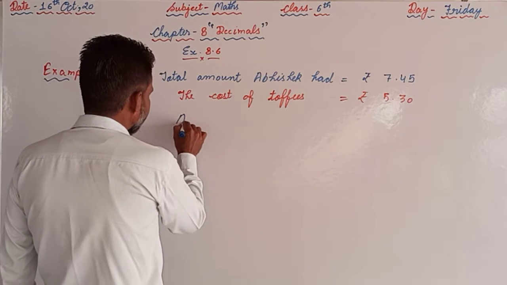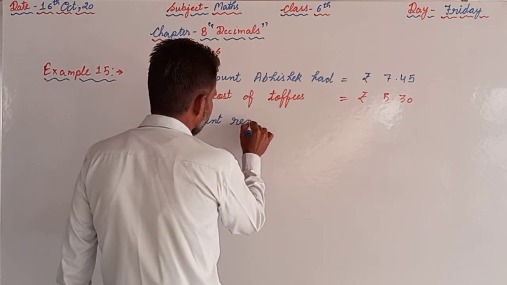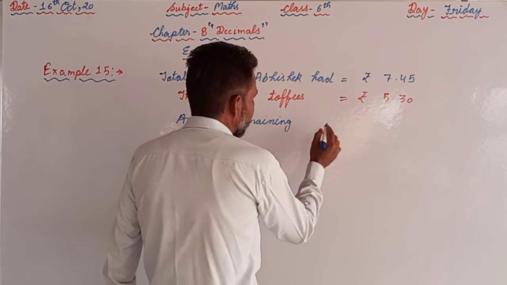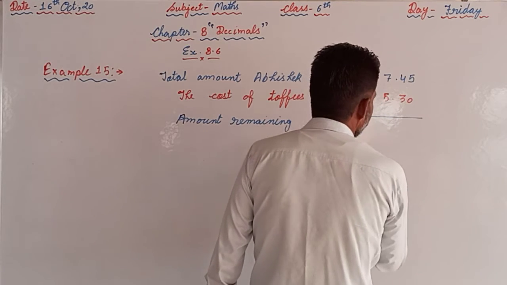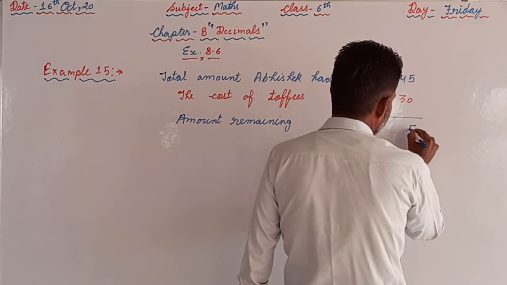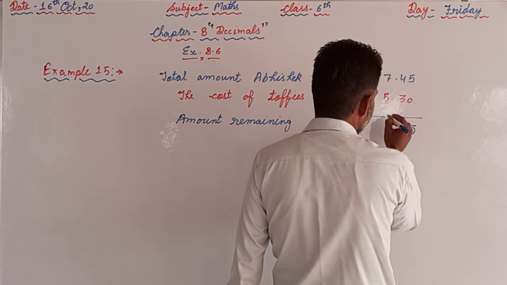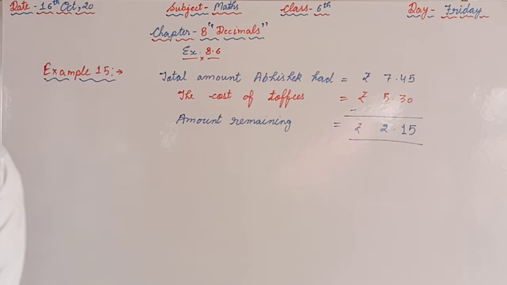For the remaining amount we are supposed to subtract. 5 minus 0, that is 5, 4 minus 3, that is 1, decimal below decimal, 7 minus 5, 2, means 2 rupees 15 paise left with Abhishek. So this was the answer for that.